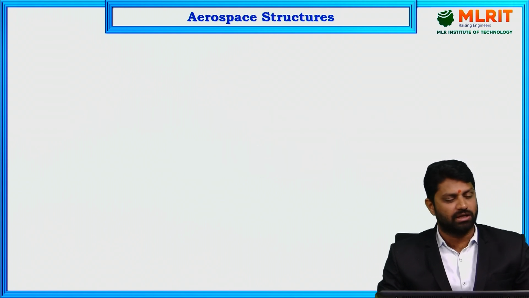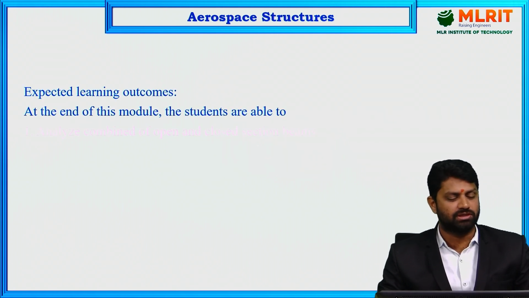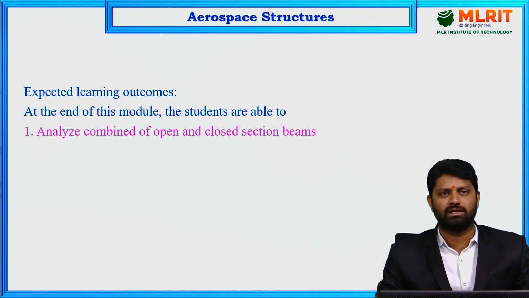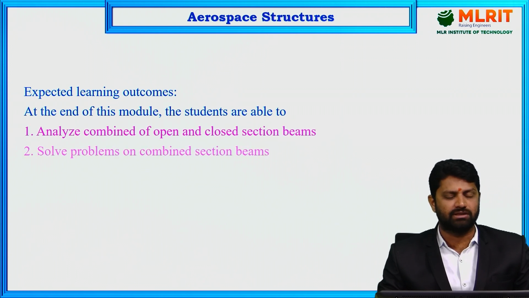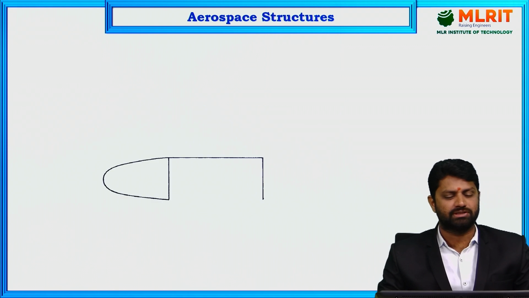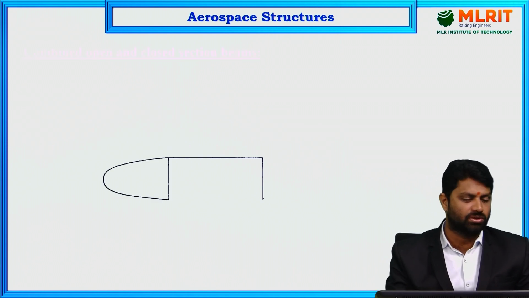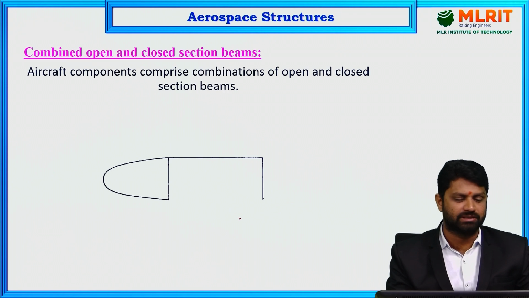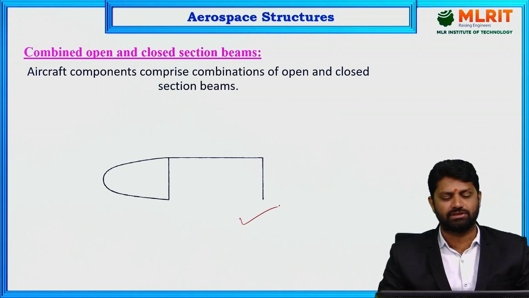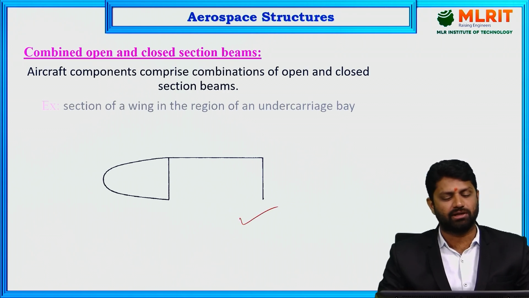The learning outcomes in this module are that students are able to analyze combined open and closed section beams and solve problems on these combined section beams. To understand that, we are going to look into this diagram. In this diagram you can see an aircraft component comprised of a combination of open and closed section beam.